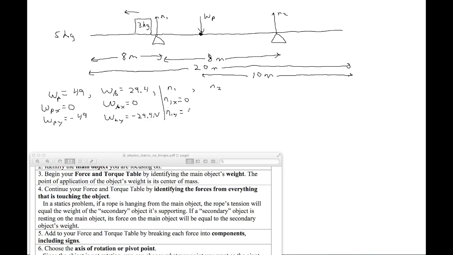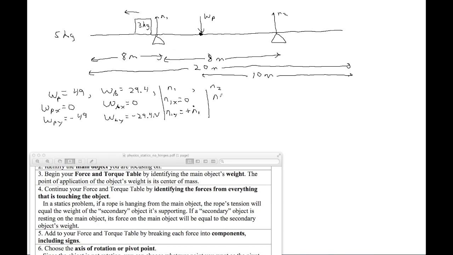So what should we write down for the y component of normal force 1? That might have seemed like a weird question. What I mean by that is, is it going to be positive or negative? So it's going to be positive. And then since we don't know the magnitude, we'll just use the symbol for the magnitude. So at least we know the sign. This might not seem like much, but it's important to write something down for each component, even if we don't know anything else about it.